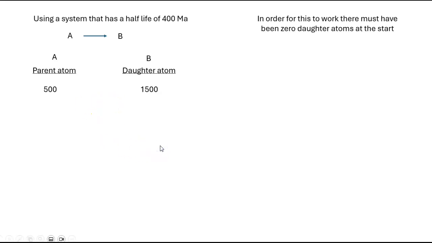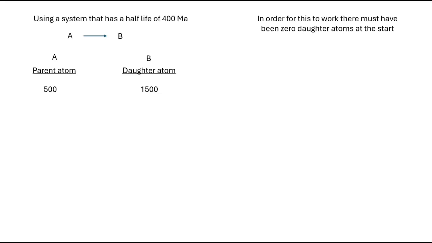But there is something we have to remember: in order for the absolute age system to work, we have to know that at the very beginning, when this mineral first crystallized, and this is why igneous rocks are the best source, only the parent atom got locked into the structure of the mineral.